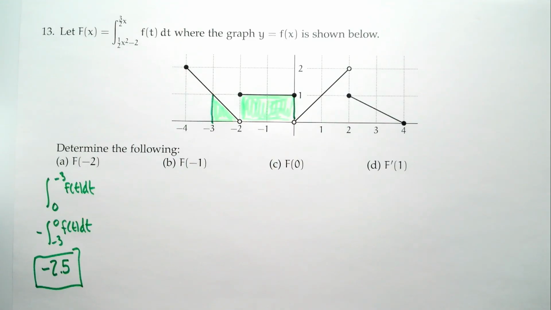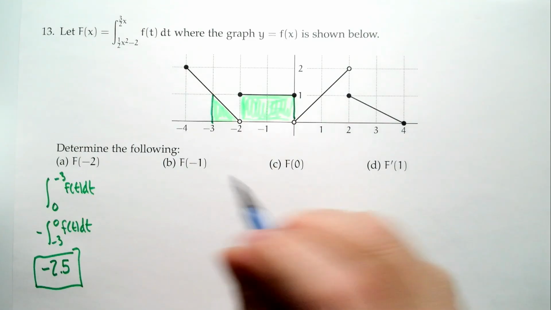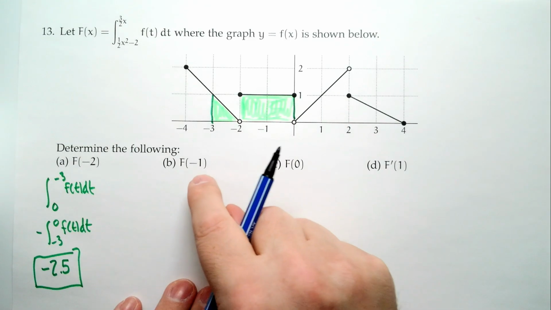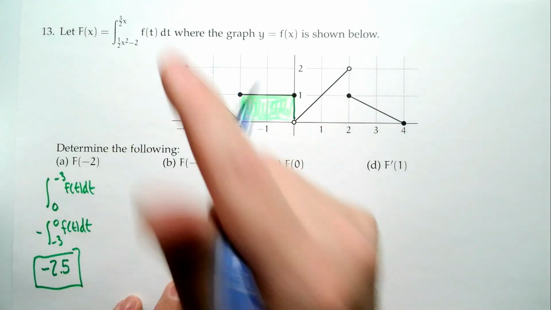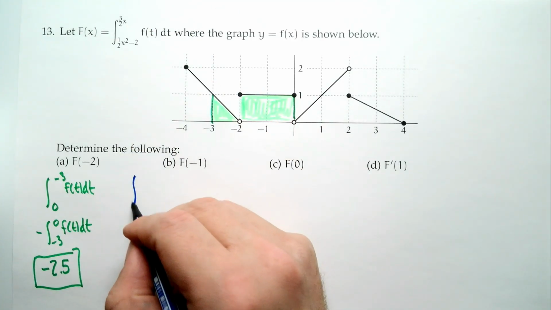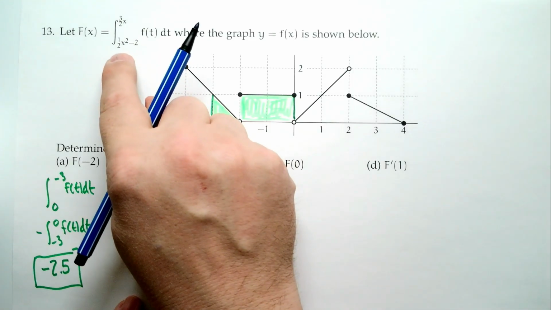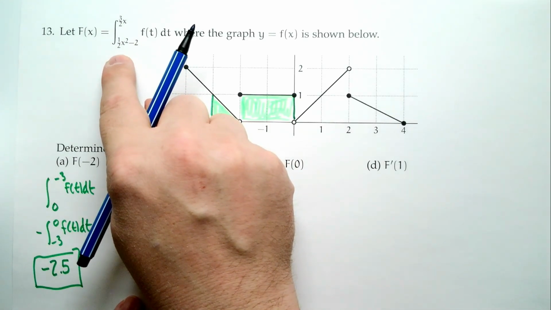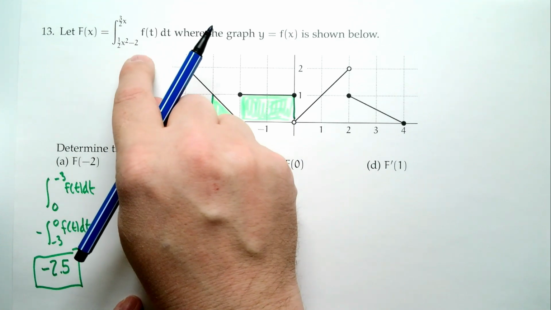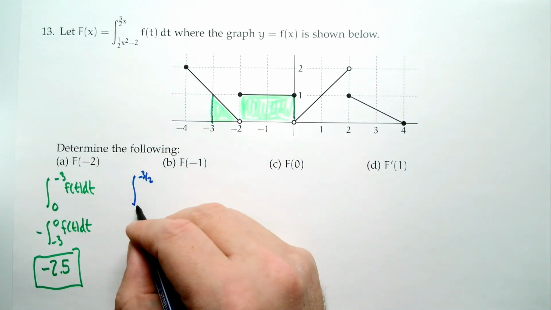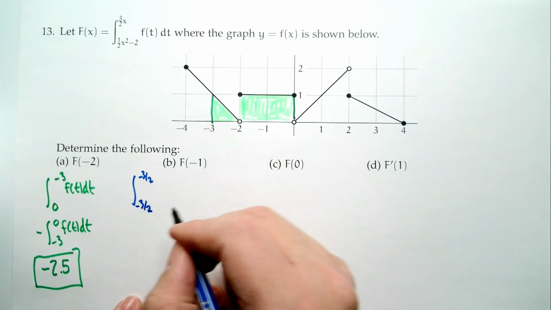All right, part B. We want to find f of -1. So we plug -1 in. We get the integral with upper bound -3/2, and the lower bound is 1/2 times -1 squared, which is 1/2. 1/2 subtract 2 is -3/2.